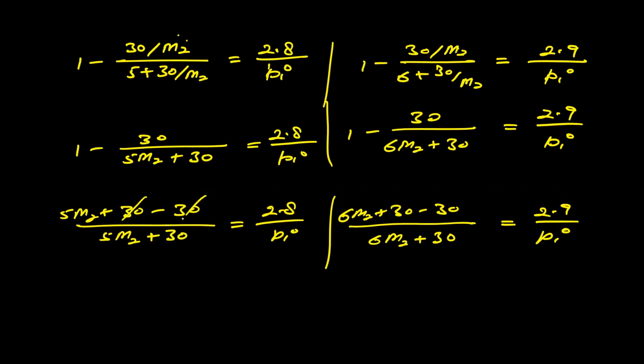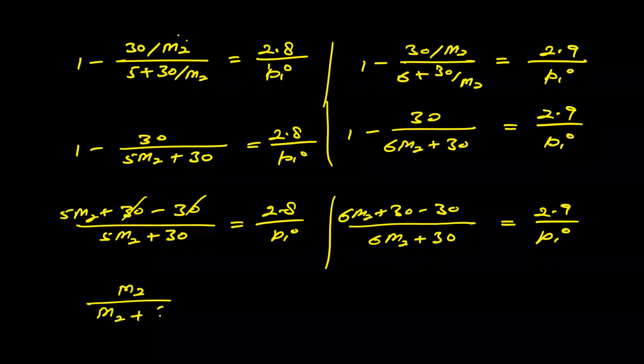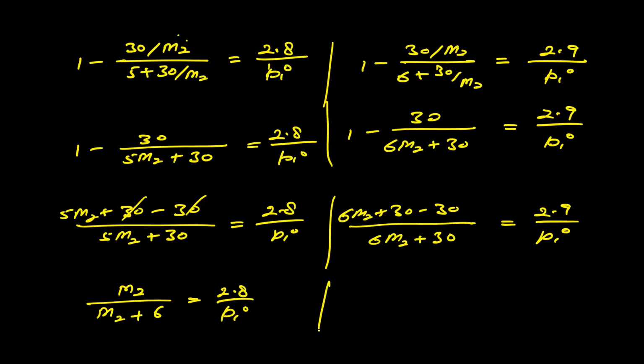So 30 got cancelled. And 5 also you can divide both numerator and denominator by 5. So it will be M2 divided by M2 plus 6 equals 2.8 divided by P1 naught. And this will be M2, 30 minus 30 got cancelled, divided by M2 plus 5 equals 2.9 divided by P1 naught.